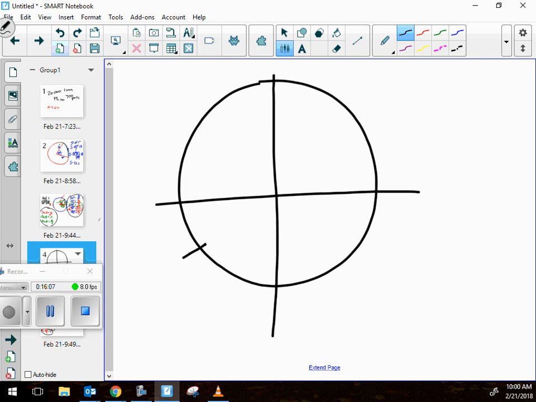Remember, we just did a triangle in this quadrant, and the only thing that was positive was tangent. If you do that same thing, it'll save us some time.